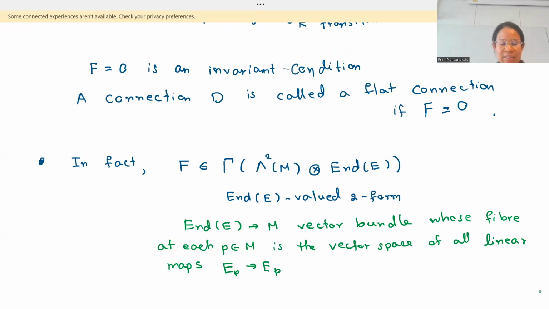Right. And so F is a two form with value in this bundle.